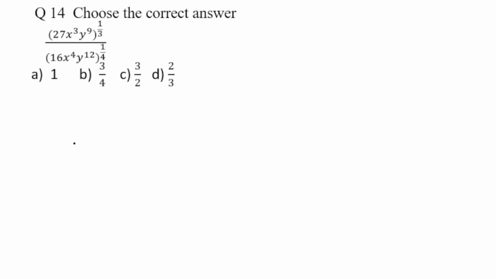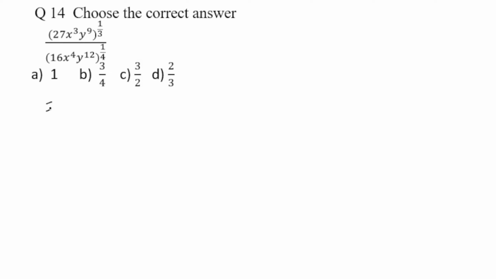Now move to the question number 14. 27 x to the power 3 y to the power 9 to the power 1 by 3 divided by 16 x to the power 4 y to the power 12 to the power 1 divided by 4.